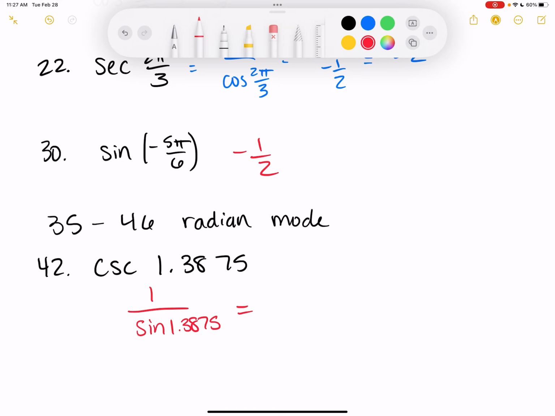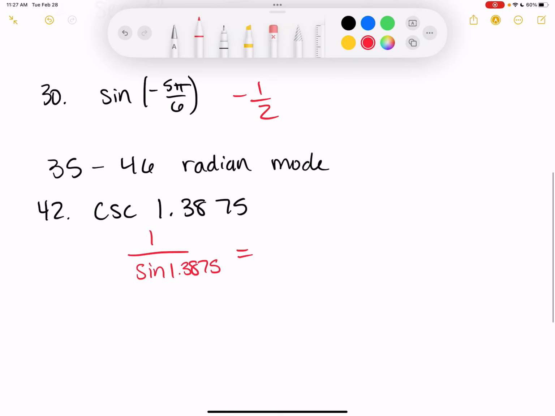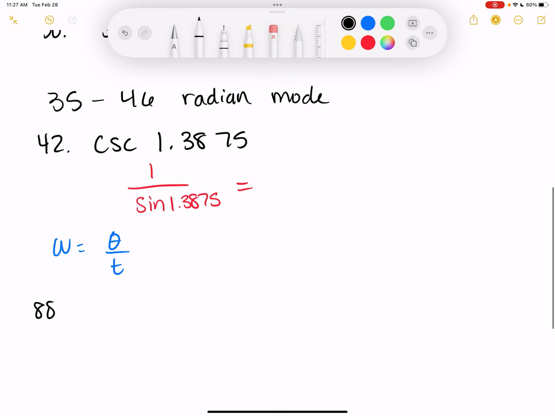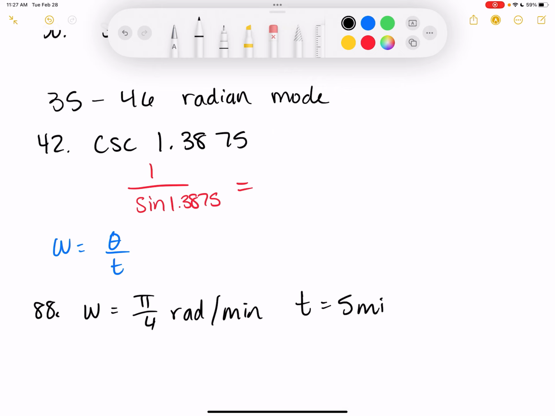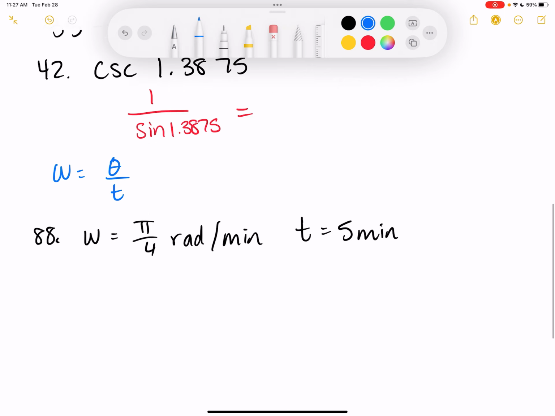All right. Use the formula W is equal to theta over T to find the missing variable. So like with 88, they give you W is pi over 4 radians per minute, and T is 5 minutes. So we're solving for theta.